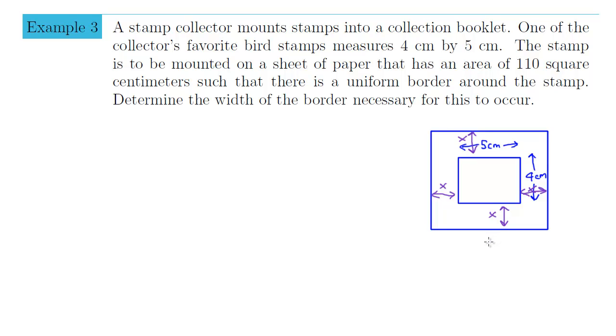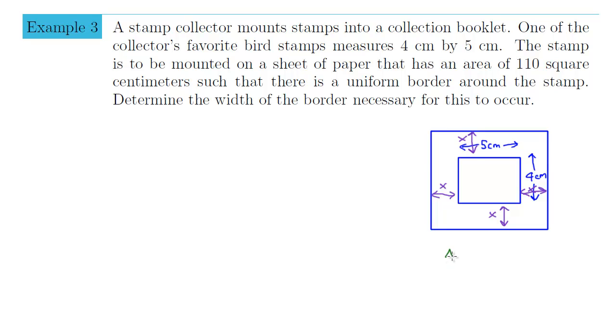We now have to go about trying to set up an equation. Well, what do we know? We know that the sheet of paper is 110 square centimeters. This outside sheet of paper is 110 square centimeters. So let me write that down.